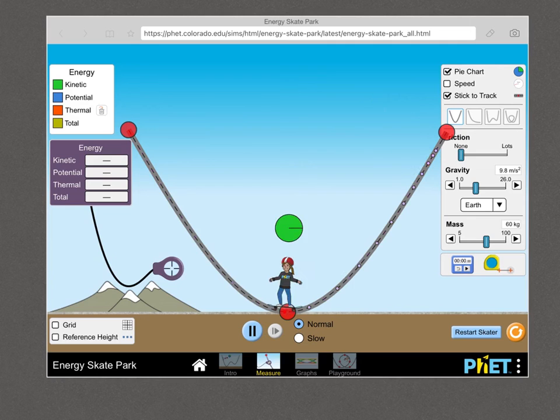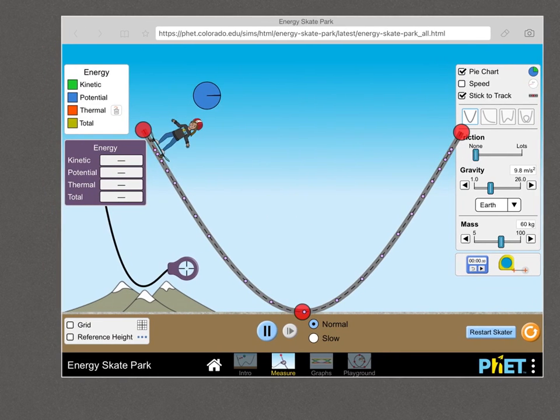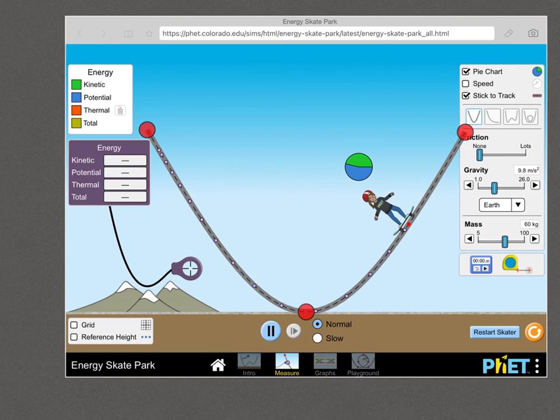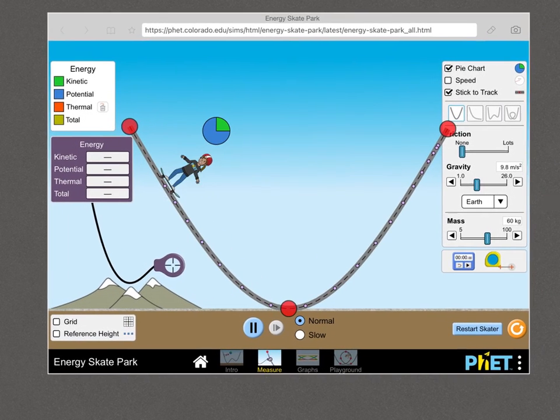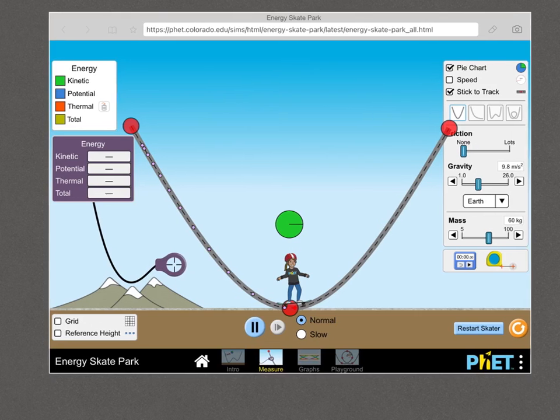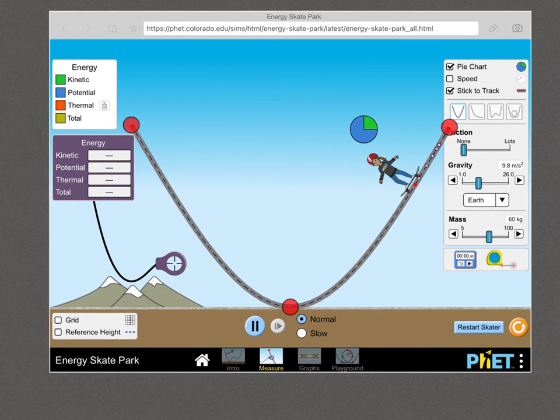If we do add friction, let me see if this will let me do it. And it will not. All right, so if we added friction there, of course you would know that the skater would stop going to the highest point.